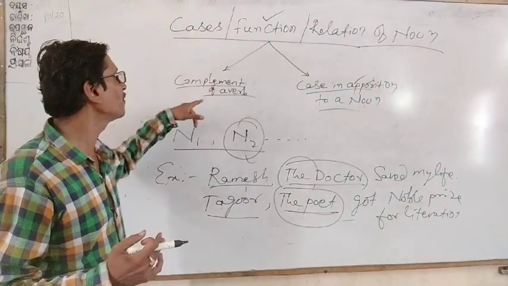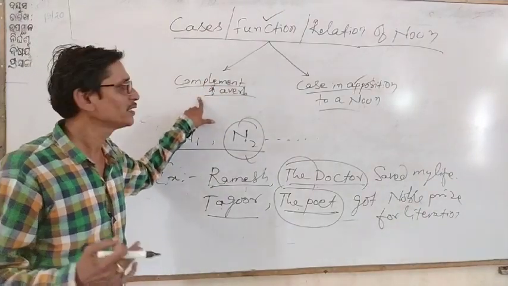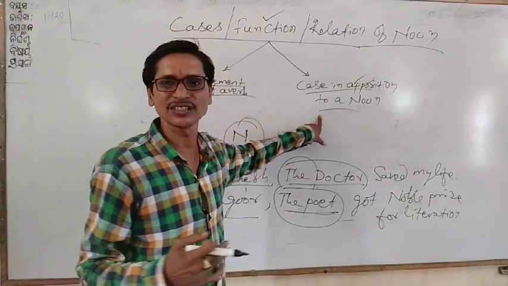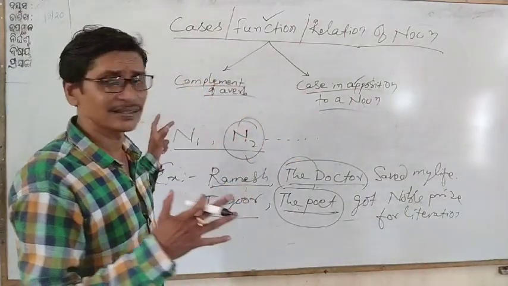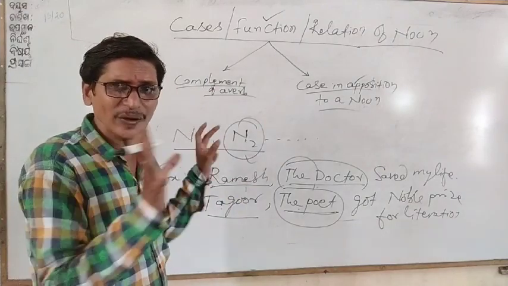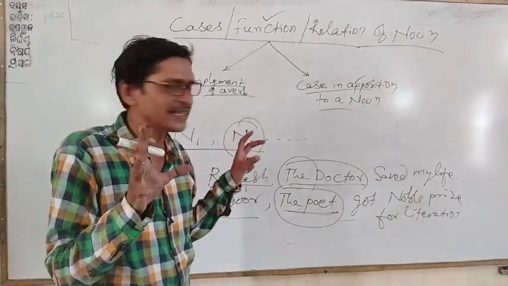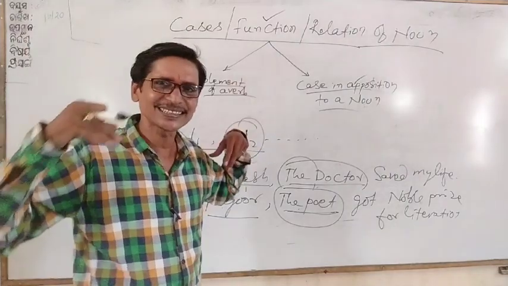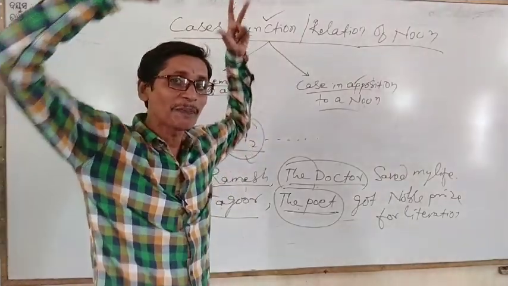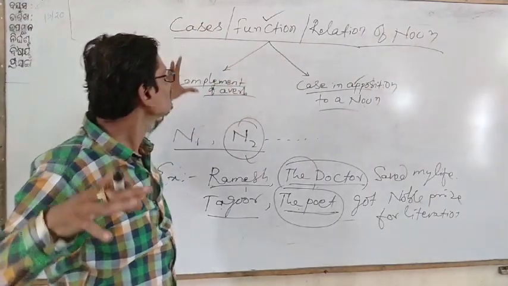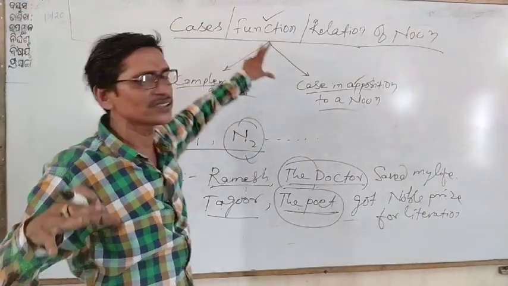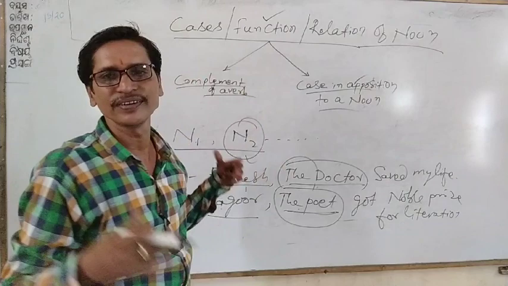The nouns are functioning as a complement of a verb as well as a case in apposition to a noun. So these are some of the things we discussed briefly to have some ideas collected from our past discussions so that we will be confident now. So these are the cases, functions and relations of noun.